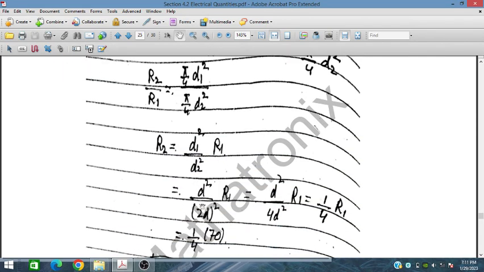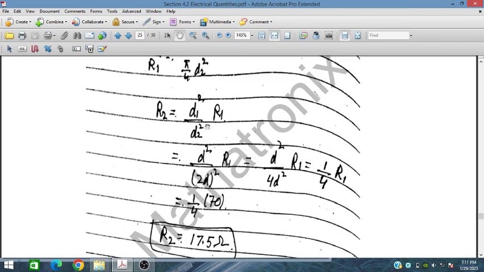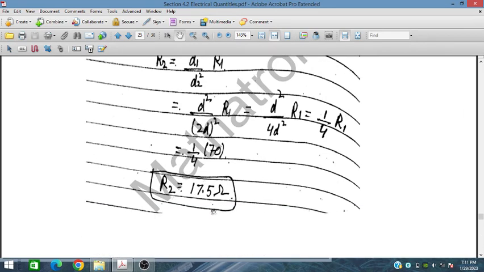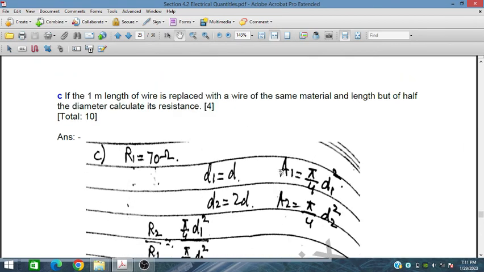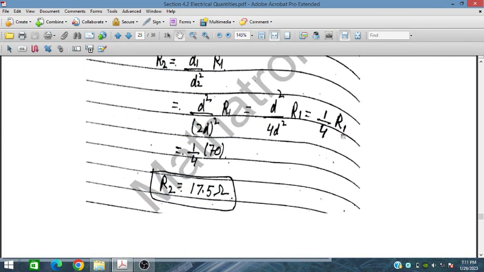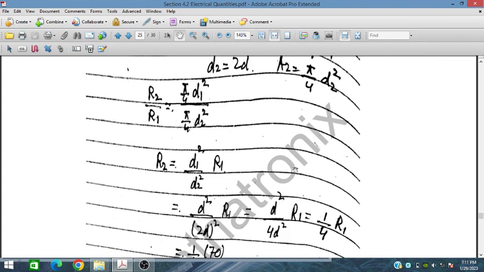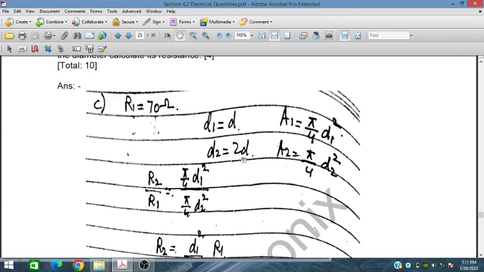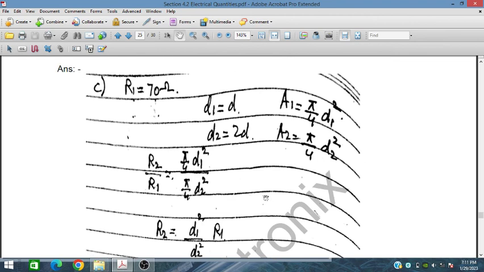And by changing the diameter, we will have... If we double the diameter, then its resistance will decrease. If we reduce the diameter to half, then its resistance will increase 4 times.